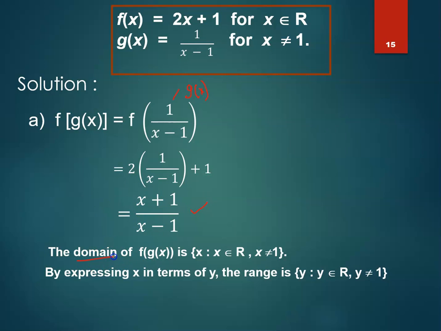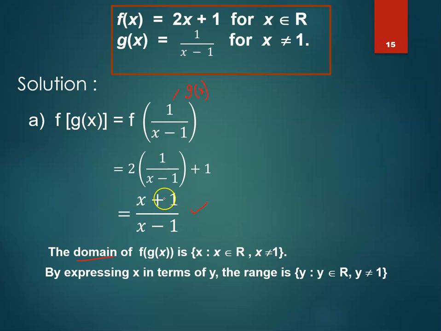What is your domain? Domain is your x values or your input. For f(g(x)), the domain will be all x which is an element of real numbers. Boleh jadi semua real numbers untuk x, but except x equal to 1. Why is it?